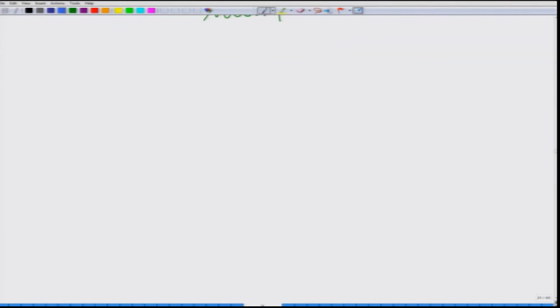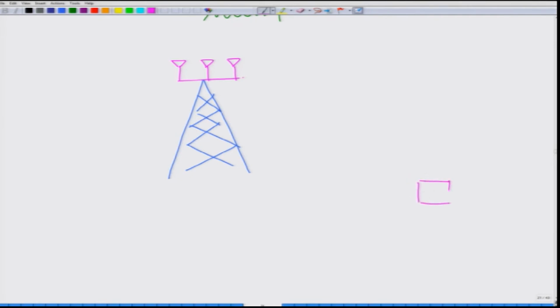So, I can draw a simple scenario depicting multiple input multiple output wireless communication as follows. Let us say this is my base station. Previously we considered the base station has multiple antennas, and that remains the same as before. So, I still have multiple antennas at the base station, but now in addition my mobile device also has multiple antennas.